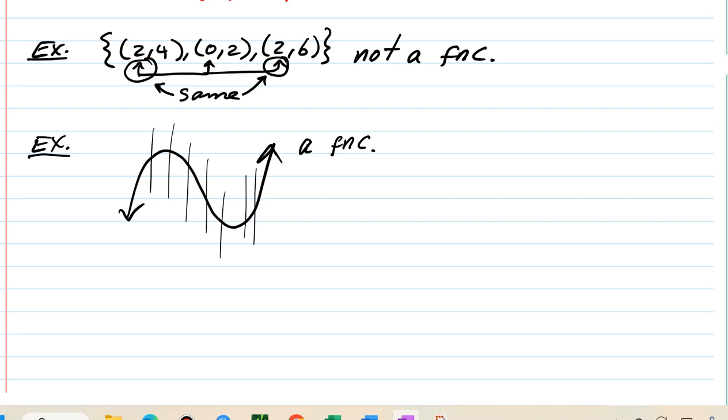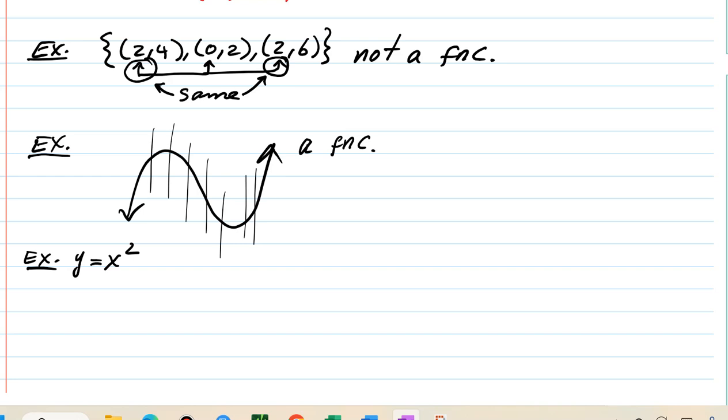Let's take a look at, again, whether the relation defines y as a function of x. This time I'm going to make an algebraic expression like we would expect: y equals x squared. For each x, we'll never have the same x with different values.